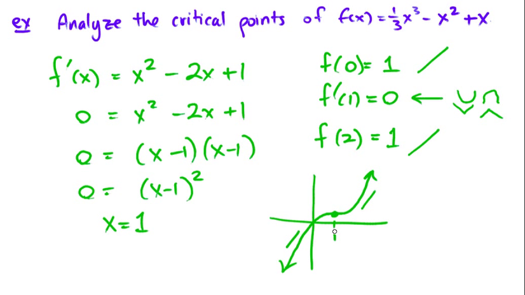And so the critical point test shows you that you don't have a local max or a local min in this case. So you do need to go through, find out when the derivative is equal to 0, and then you can test on each side and see if it's increasing or decreasing. But it won't always be a local max or a local min. Sometimes it will just be what we call a critical point.